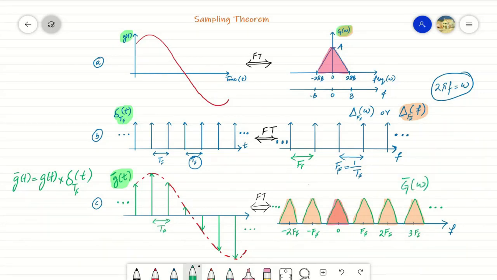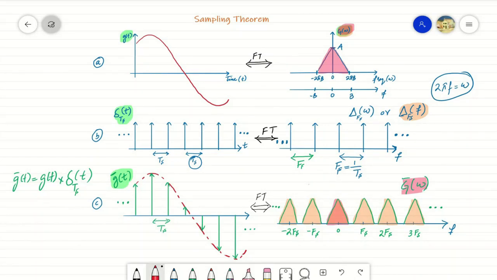So this signal represents the spectrum of the sampled signal g bar of t, which can be labeled as g bar of omega. From this frequency domain representation of the sampled signal, an important conclusion can be drawn. If we are to reconstruct the original continuous signal g of omega from this sampled signal, then we must avoid any overlapping between these consecutive representations of g of omega.